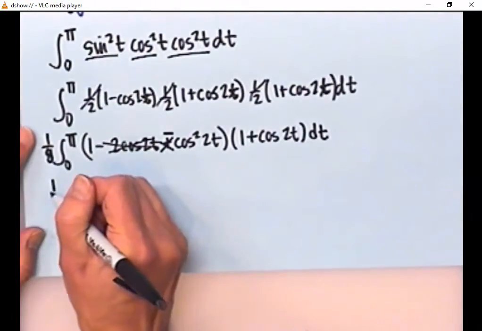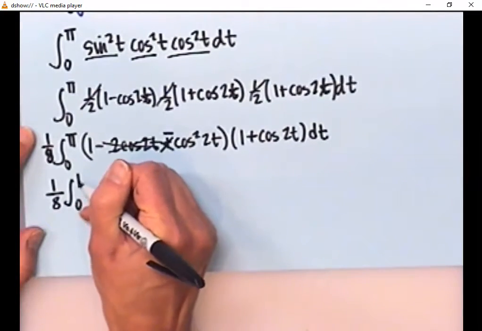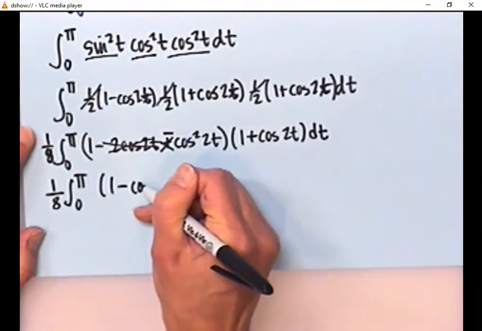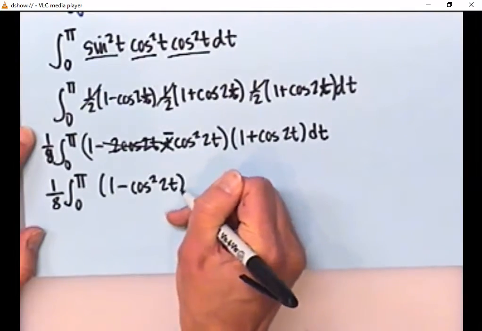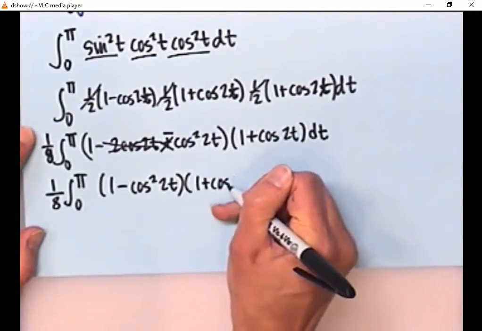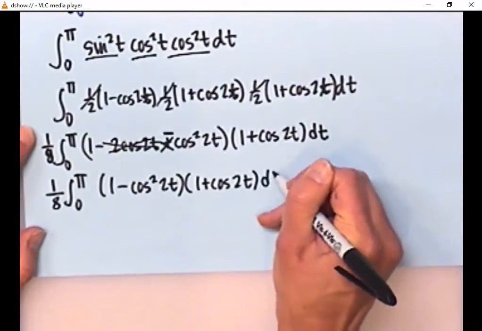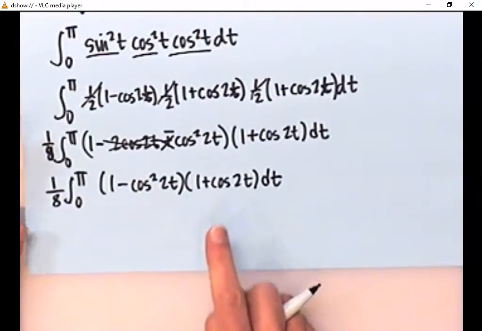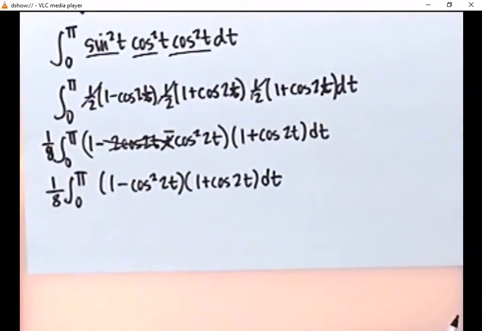I feel a little nervous about distributing the rest of this out. You know why? Because it's going to be cosine cubed, right? And then what are you going to do with cosine cubed? But really, is there anything else we could do here?